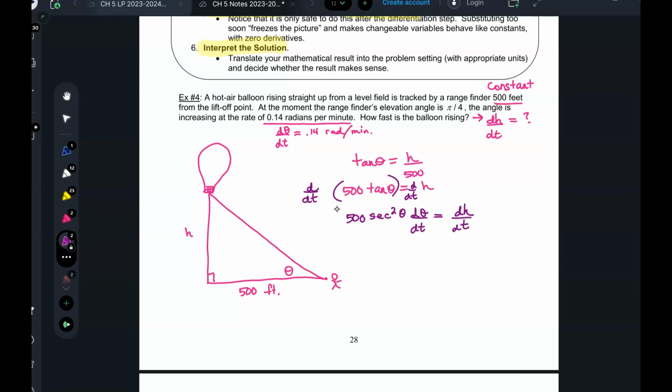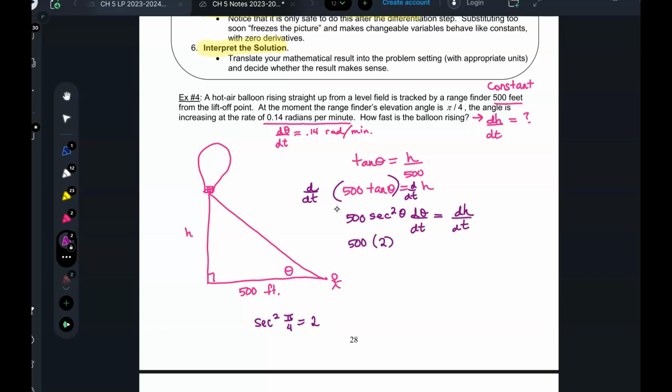So what would secant squared of pi over 4 be? Cosine of pi over 4 is 1 over root 2. Flip it, so it's root 2. Square it, it's 2. So secant squared of pi over 4 is 2.